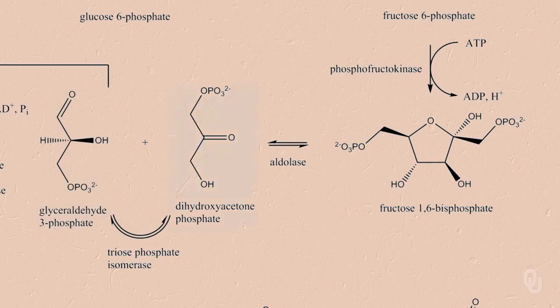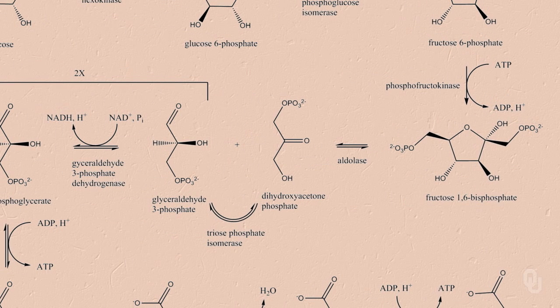The other molecule, dihydroxyacetone phosphate, can be converted to glyceraldehyde 3-phosphate by the enzyme triose phosphate isomerase. So effectively, we have two glyceraldehyde 3-phosphates that continue on in the rest of the pathway. And so that's why I'm showing the 2x, to indicate that everything I'm showing from this point on happens twice.